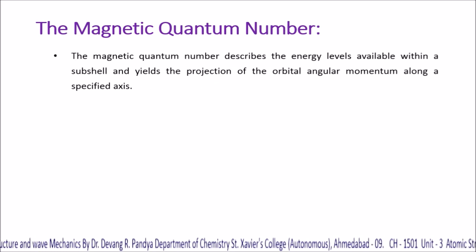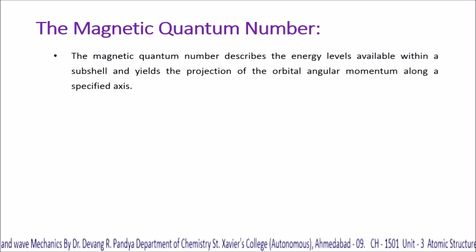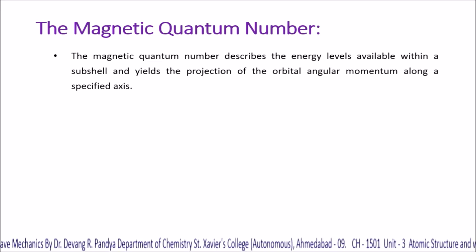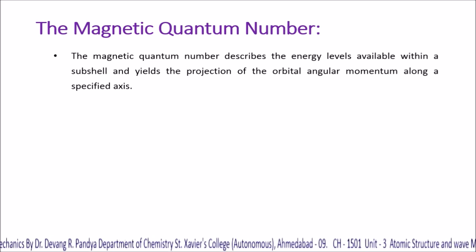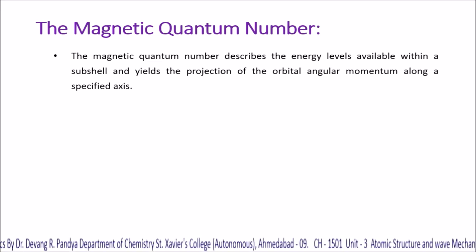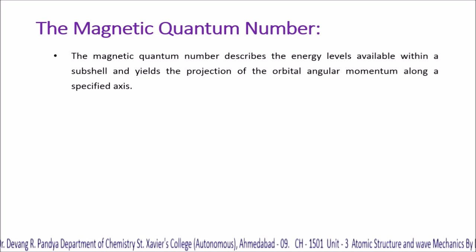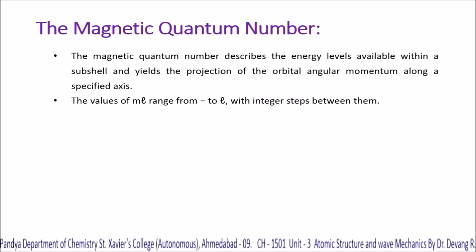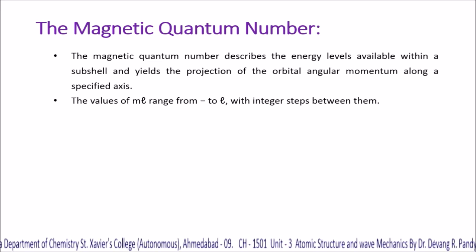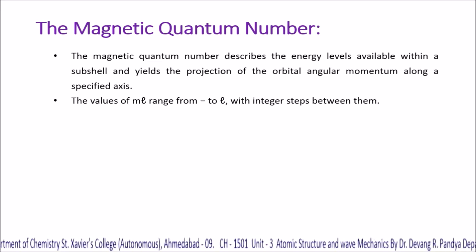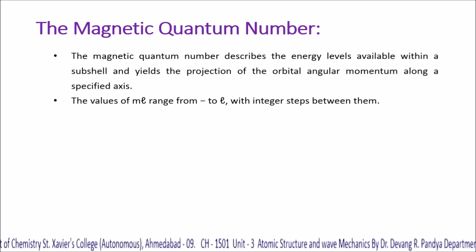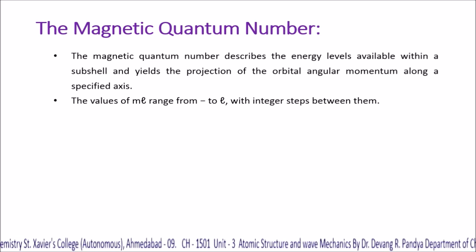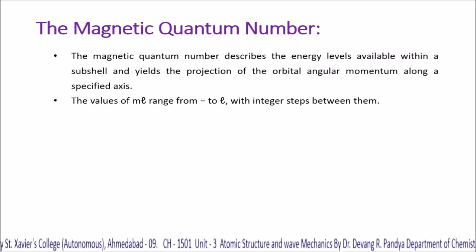The magnetic quantum number describes the energy levels available within a subshell and yields the projection of the orbital angular momentum along a specified axis. The values of m subscript L range from minus L to plus L, minus L to 0 to plus L, with integer steps between them.